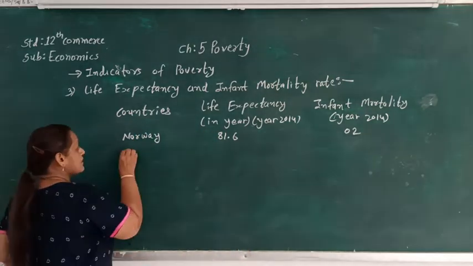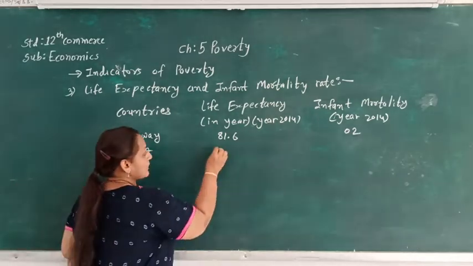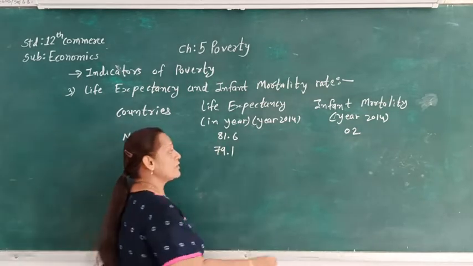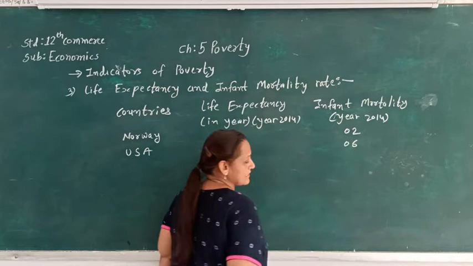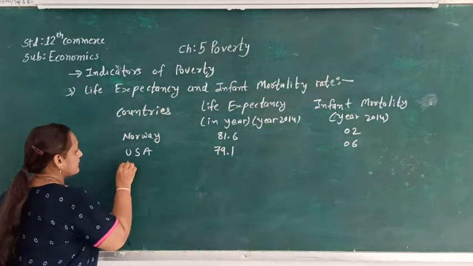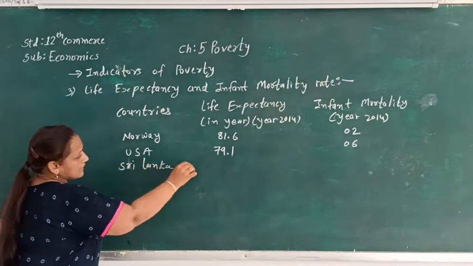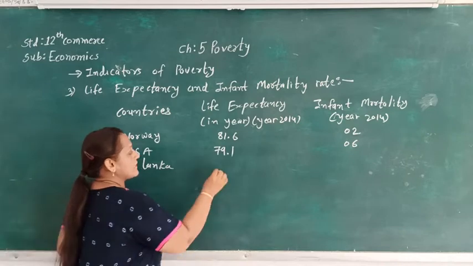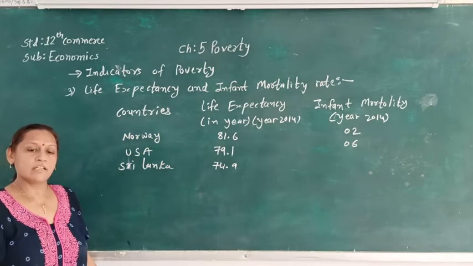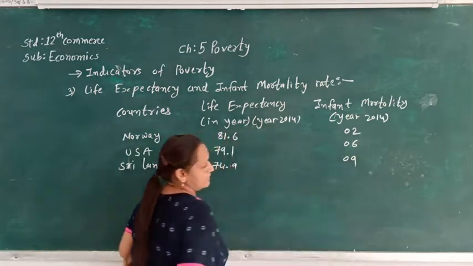Let's try to see the same for the USA. For the USA, the expected life is 79.1 and the infant mortality rate is 6 children. And let's see Sri Lanka. For Sri Lanka, the life expectancy is 74.9 years, that is almost 75 years, and the infant mortality rate is 9.